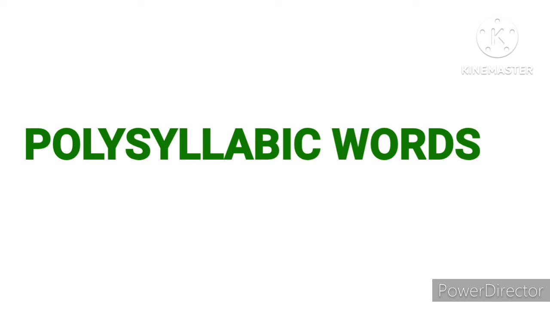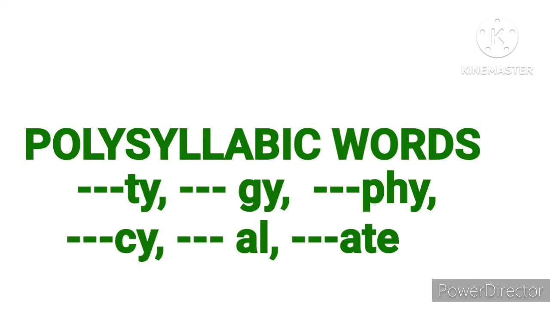If a word ends in ty, gy, phy, cy, al, ate, you should stress the third syllable from the end of the word. Do you get that? If a word ends in ty, gy, phy, cy, al, ate, you should stress the third syllable from the end of the word.